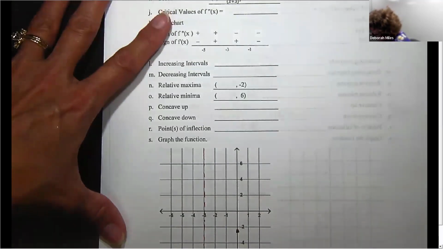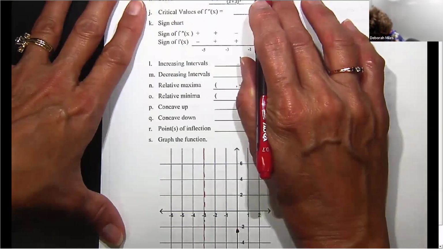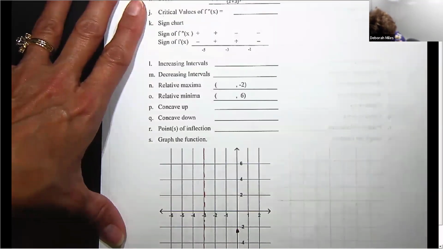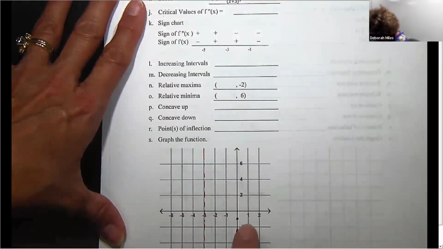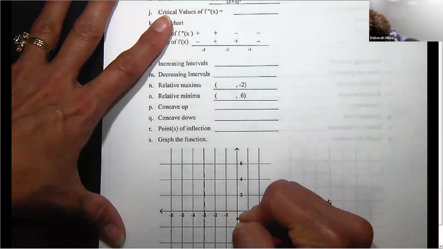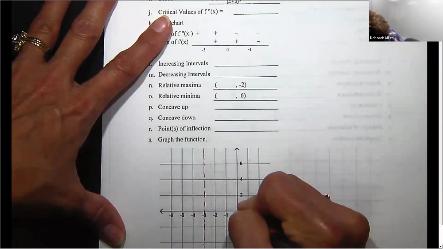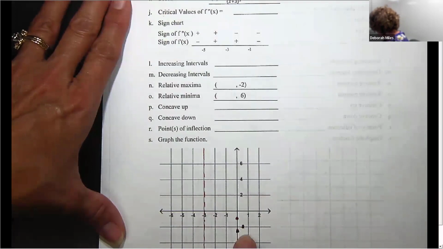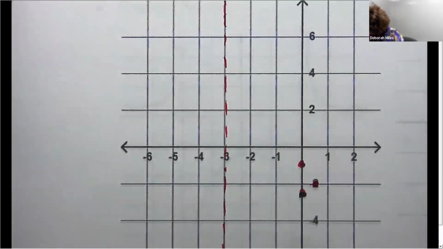And my slant asymptote is the line y equals -x - 1. It has a y-intercept of -1 and a slope of -1. So go down 1 over 1. It'll be right about where that -2 is labeled. And that's my slant asymptote.